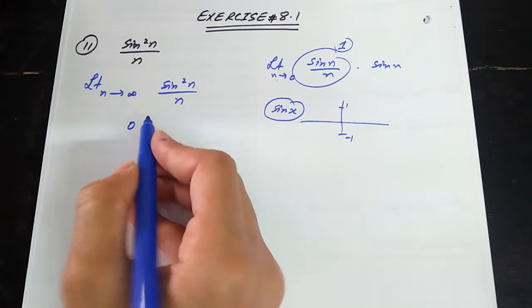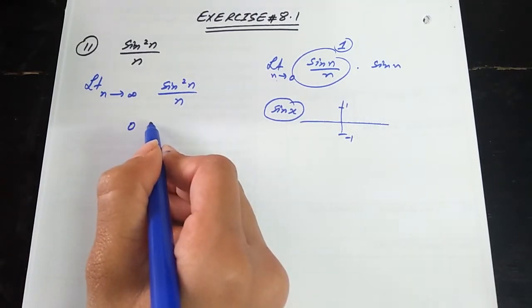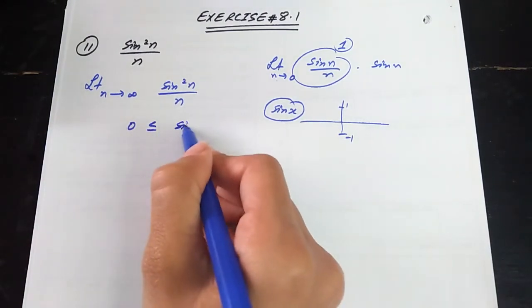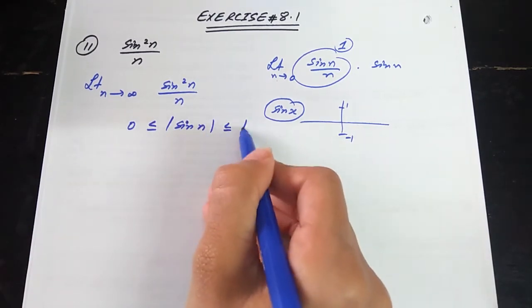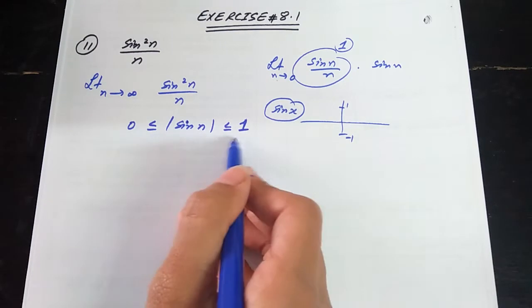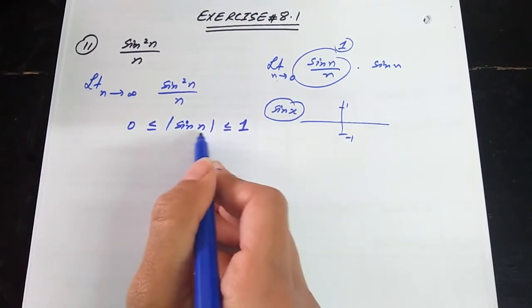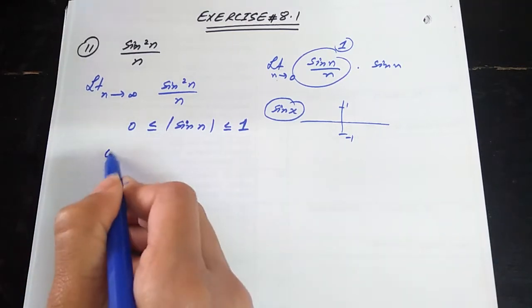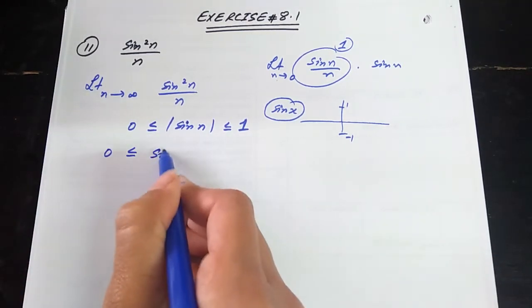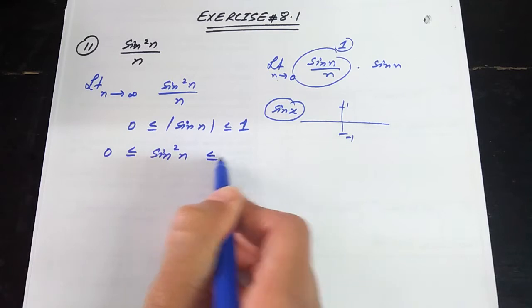It can be written as 0 is less or equals to sine of n is less or equals to 1, because it has the range between 1 and minus 1. So it can be written as 0 is less or equals to sine square of n is less or equals to 1.